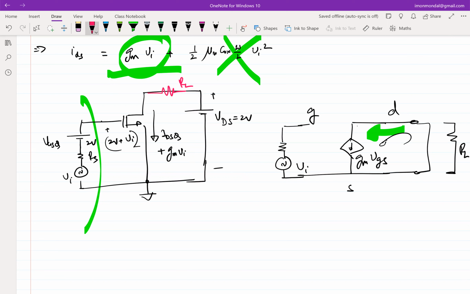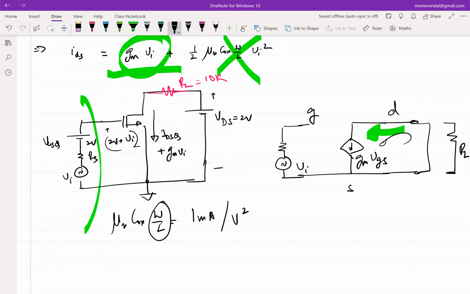So now, let's assume RL equal to 10K. Let's take some values, okay? Let's say mu n Cox W over L is 1 milliamp per volt square. By the way, W by L is also a design handle. We'll get to that later.